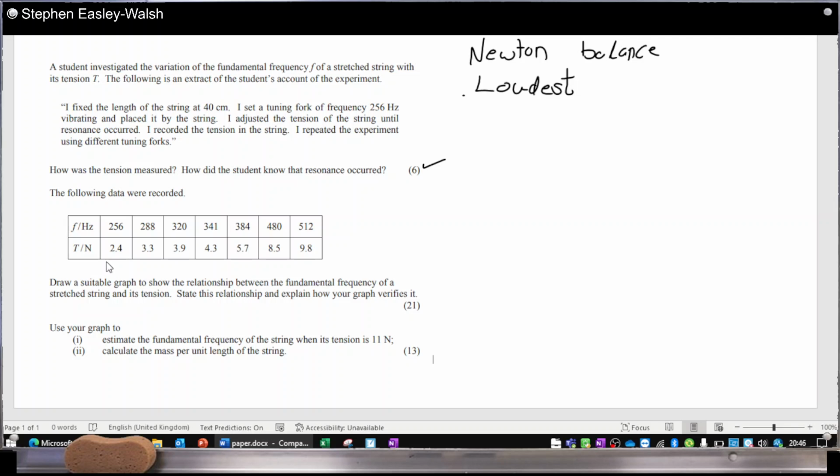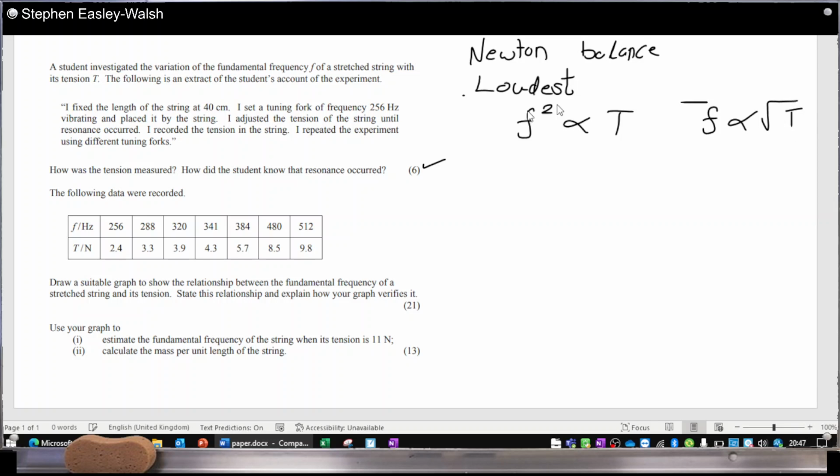Draw a suitable graph. So the relationship here is that f squared is proportional to the tension, or I think you could say equivalently f is proportional to root the tension.